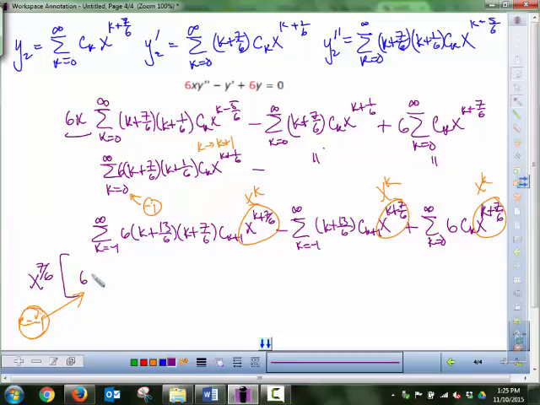We have 6 times (-1 plus 13/6) times (-1 plus 7/6), c sub 0, and then x to the -1 power, minus this thing, -1 plus 13 over 6, and again c sub 0, x to the -1.